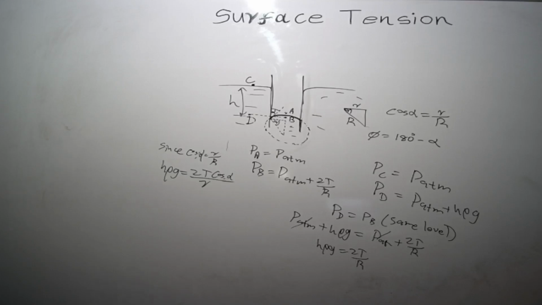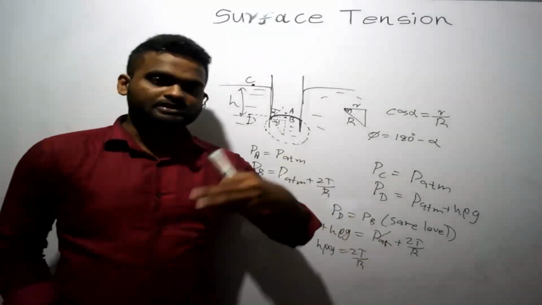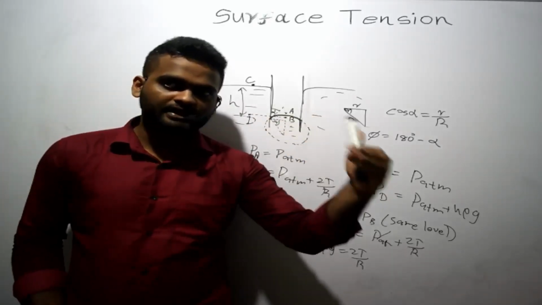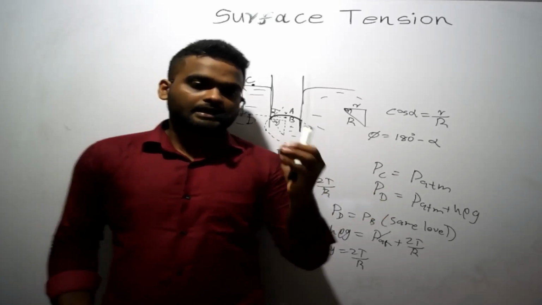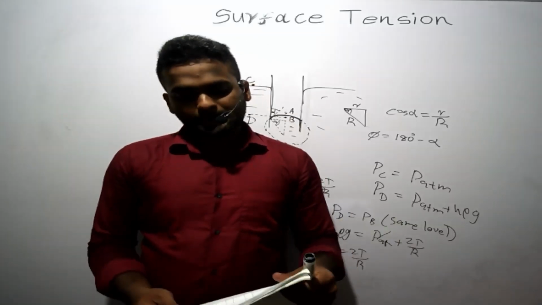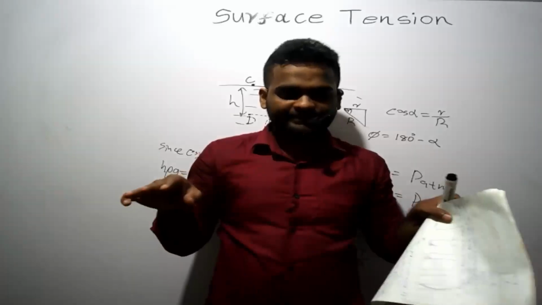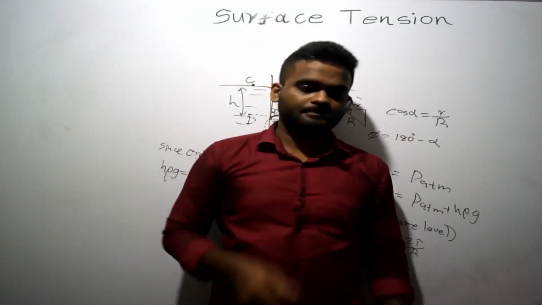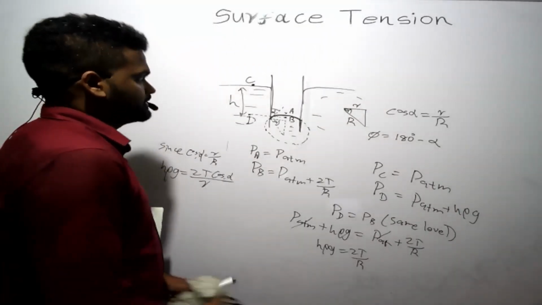Okay, so we derived actually the same equation, h rho g equals 2T divided by capital R, or 2T cos phi divided by simple r if it is internal radius. That is for the capillary rise, right? So you know that when you have a certain tube and a certain liquid, there must be a certain amount of capillary rise.